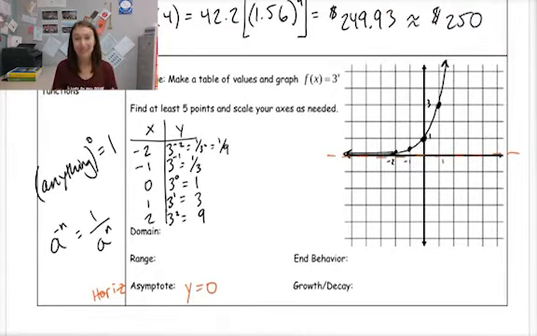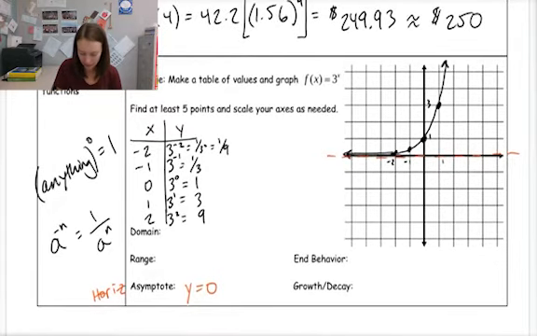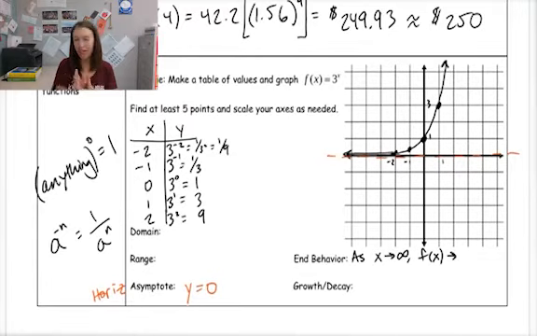If you've never seen an asymptote before, a horizontal asymptote denotes the end behavior of our graph. Actually, let's write that in here. End behavior: as x approaches infinity, where does f of x go? As x goes all the way to the right, where does our function go? In this case, it goes up to infinity because it's exponential growth.